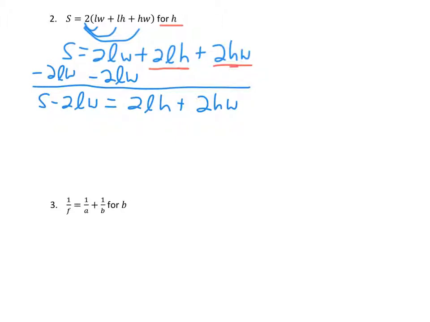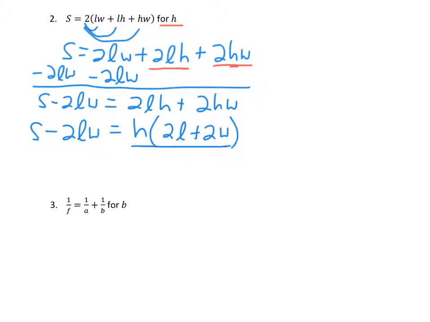Once we've done this, we want to take that variable we're solving for, which is h, and factor it out as a common factor, which gives us h times 2l plus 2w on the right side. And the left side would still be the same, s minus 2lw. Lastly, since this h is being multiplied by this whole set of parentheses, we can get the h alone by dividing both sides of the equation by the entire expression inside the parentheses, which is 2L plus 2H.